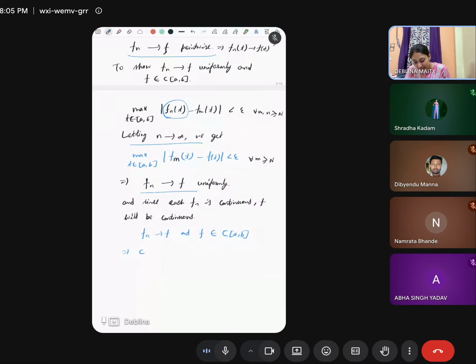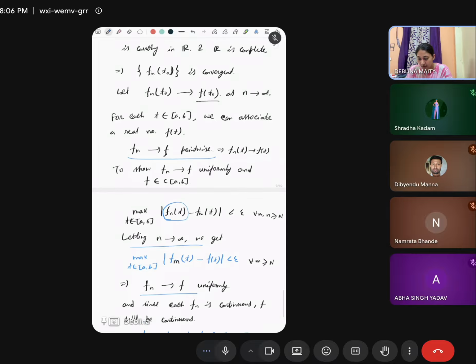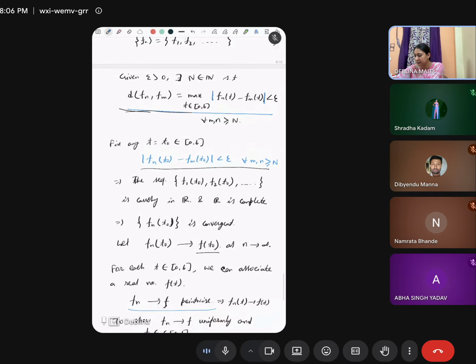This implies C[a,b] is complete, right? If you have any doubt now, you can ask. Okay, so you have proved C[a,b] is complete.